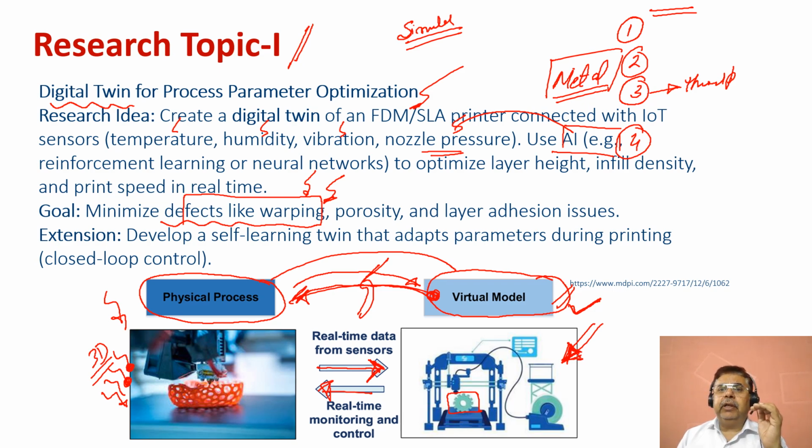Now here you might have noticed at number three, I'm saying that a digital twin can also be created for complex line interactions. That means there are multiple machines, and I can create a digital twin of those multiple machines available in that line, and that is the research I will show you in the next slide.